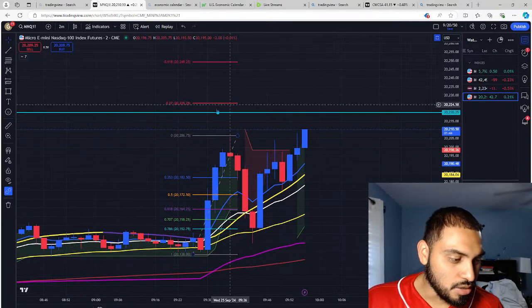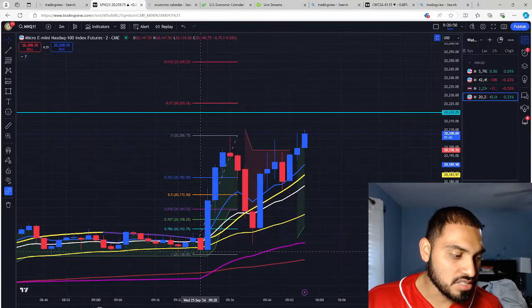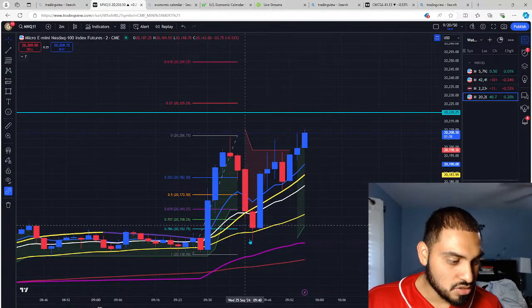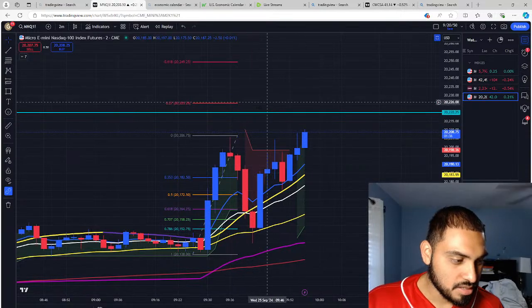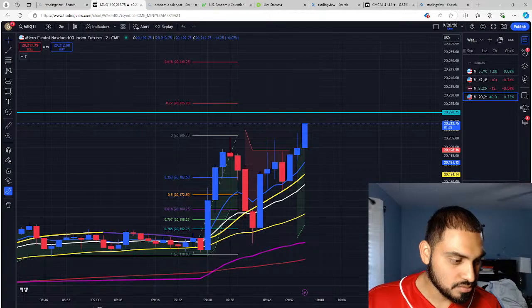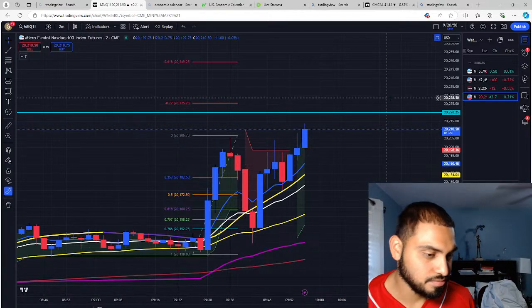But the Fibonacci works amazing when there is a beautiful trend to the upside. Swing low, swing high, and you can see a price reaction happening there. Let's take a look at it.